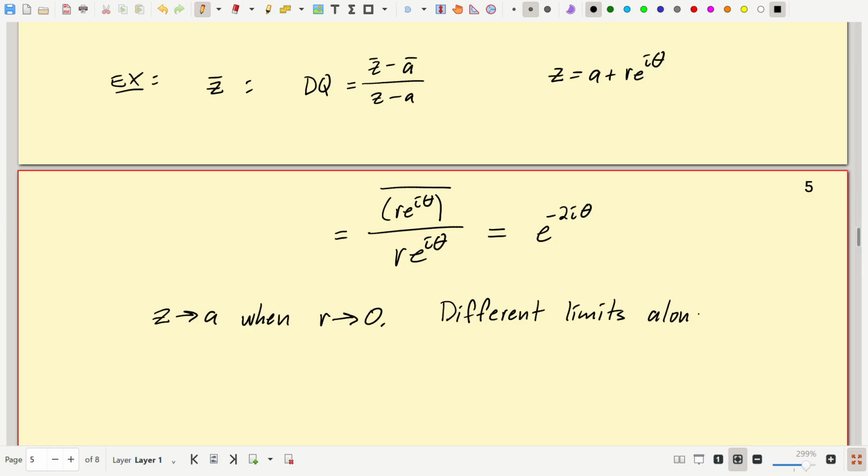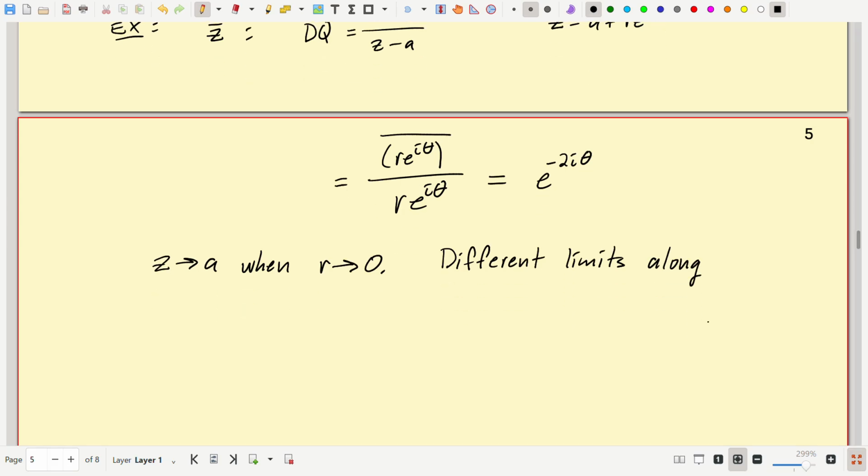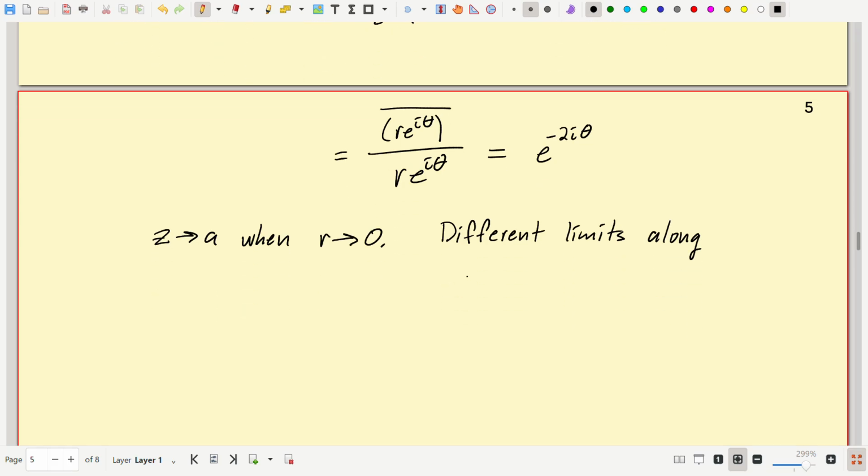That means the limit as z tends to a of the difference quotient does not exist in the complex sense.